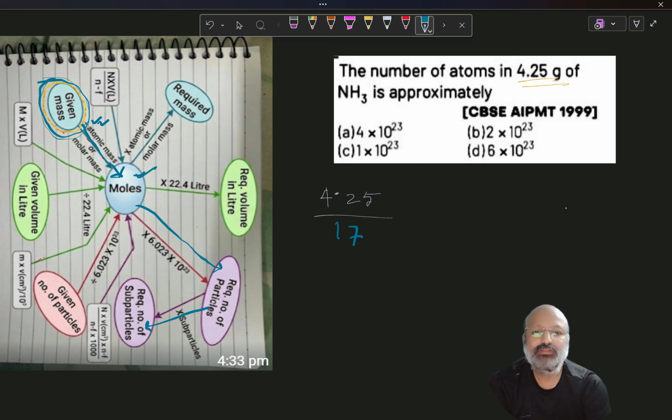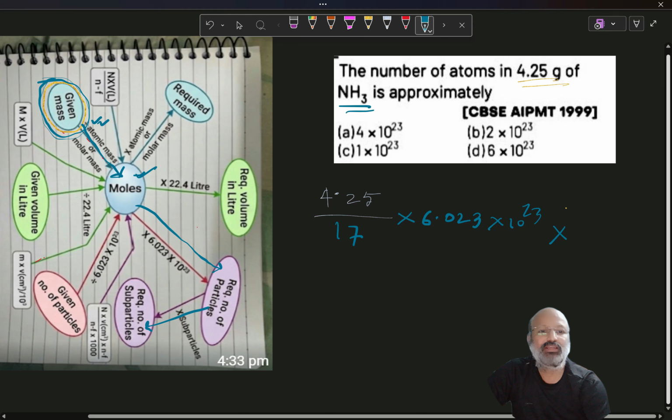After that you need to multiply by Avogadro's number, that is 6.023 into 10 to the power 23. That is the number of particles. It means you have reached the number of molecules. And then after that, you need to multiply by the total atoms present in the molecule. If there are four, multiply by four. So the answer is coming out to be 6 into 10 to the power 23. So option D is the right answer.